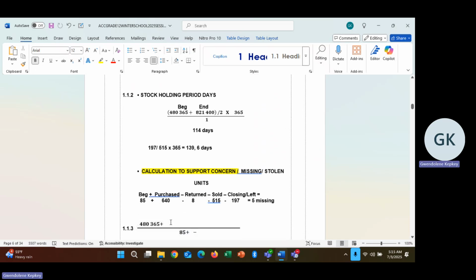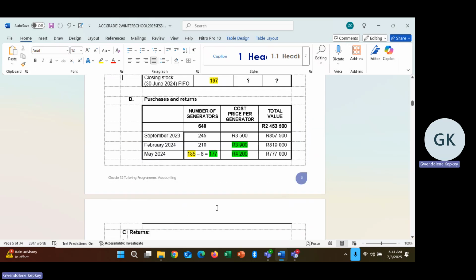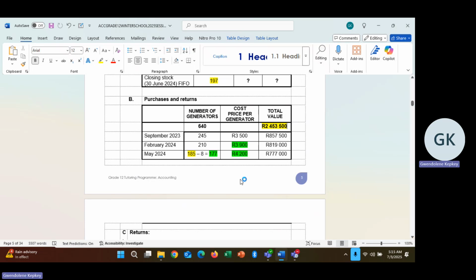Then I'm going to add my purchases. My purchases comes to an amount. Can we go and check? Purchases comes to a figure of 2,453,400. I'm going to use that. Then we need to take cognizance of the fact that we need to take off and check what is the value of those items that I have returned.